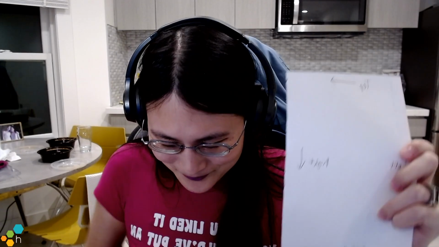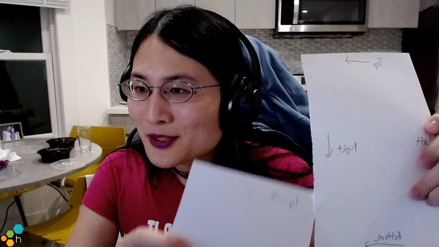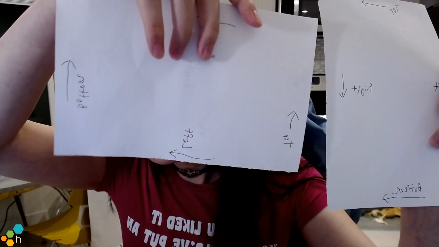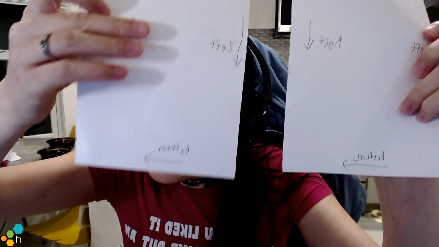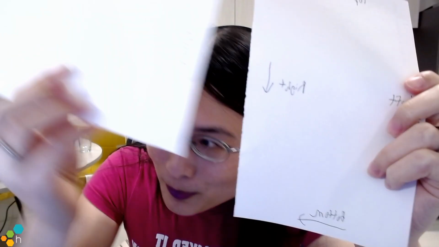So let's see. All right. So if I'm working off the right edge here, if I see a left edge, I'm good. What if the thing that matches is a bottom?